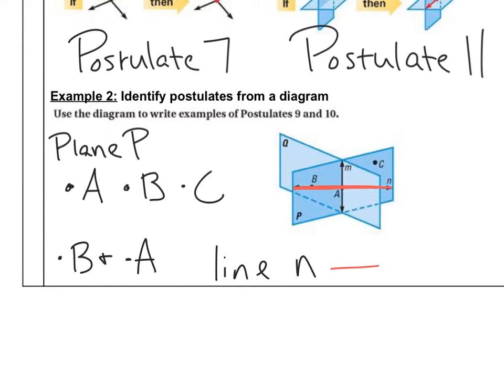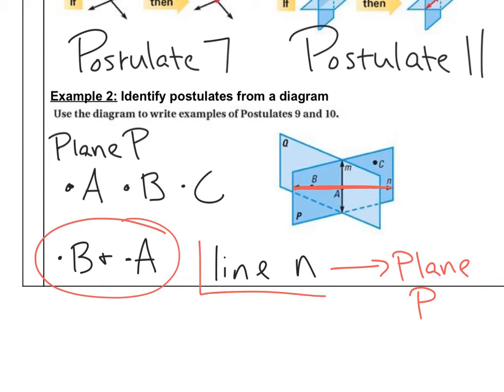These all lie in plane P. So just kind of trying to give you a little breakdown more of what some of these postulates mean. You can't have 2 points in a plane and then their line not be in the same plane. Okay, again, common sense stuff, but we're just trying to put words and pictures to it.